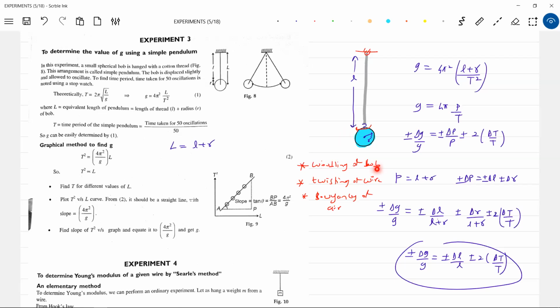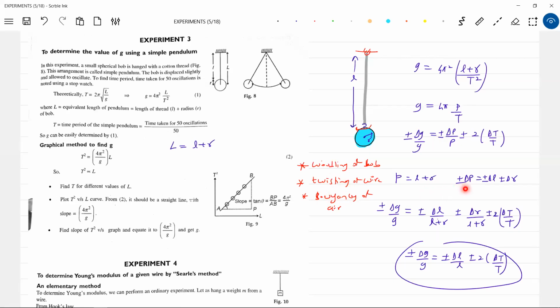Wobbling of the bob, and the spinning effect, changes the moment of inertia. It should not be just m l square. So the spinning effect has to be taken, along with twisting of wire and buoyancy of air. All these things have to be considered. These are some theoretical things, and this is some extra.